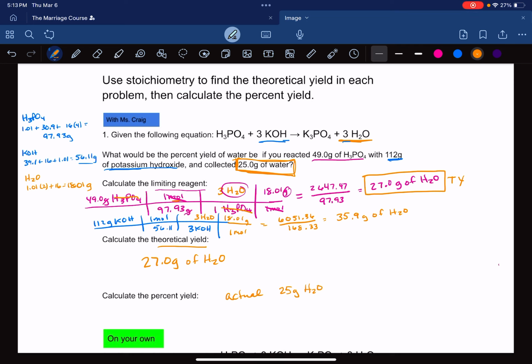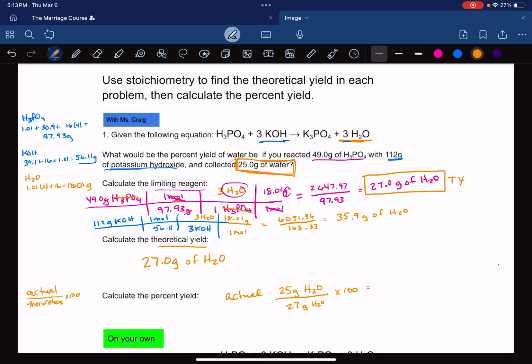And our formula for percent yield is actual over theoretical times 100. So that 25 grams is going to go over 27 grams. And then we're going to multiply that by 100.